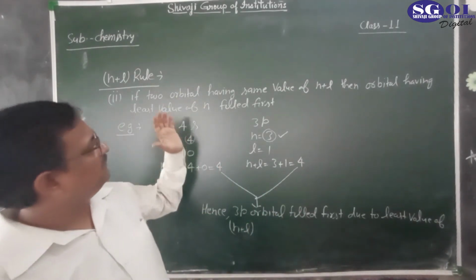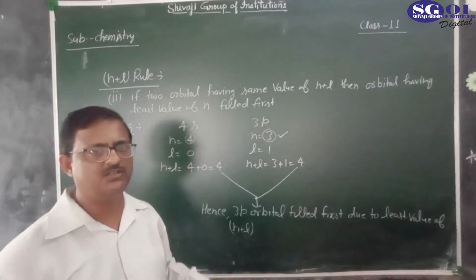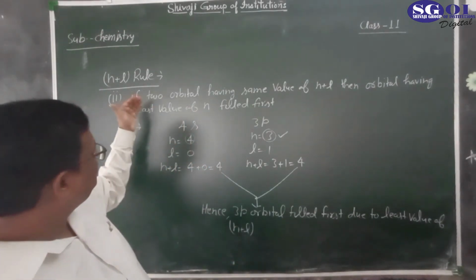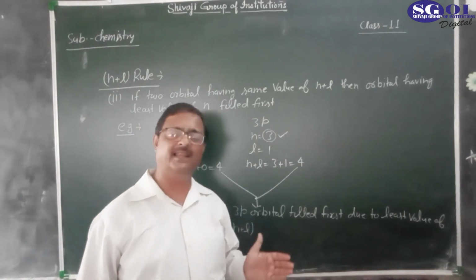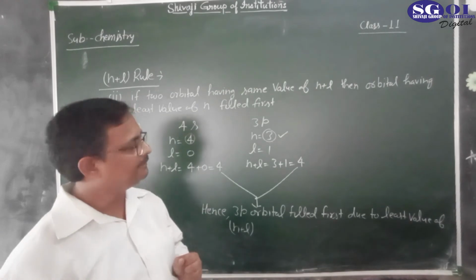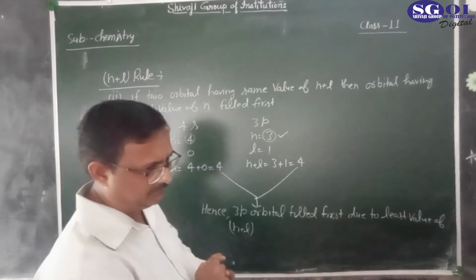So this principle is also based on the n plus l rule. First of all, you have to decide the value of n plus l with these two rules. Then you select which orbital the electron fills first. Okay, students, this is all about this chapter.